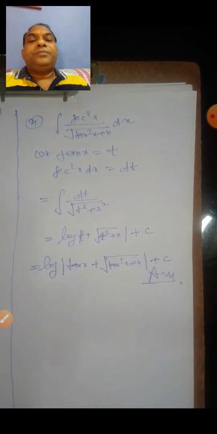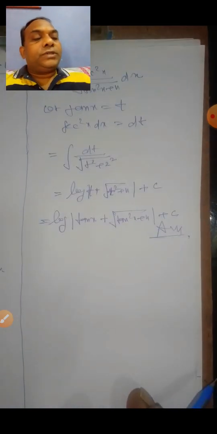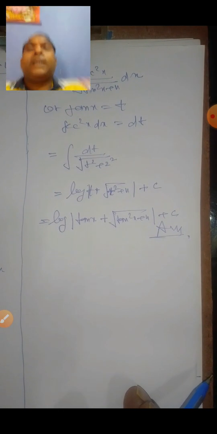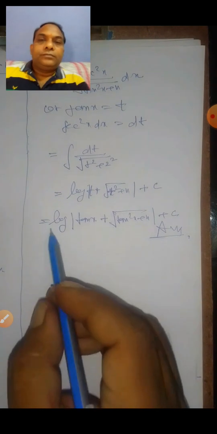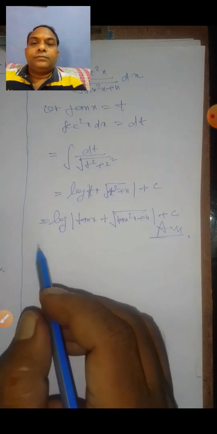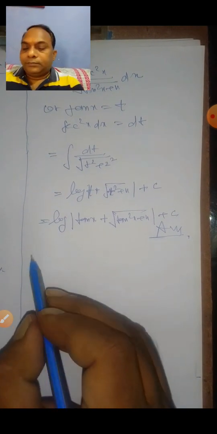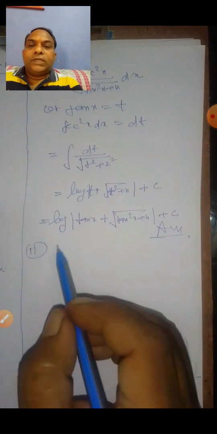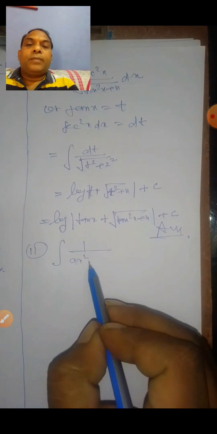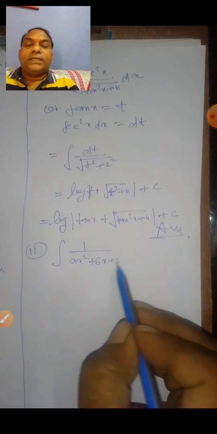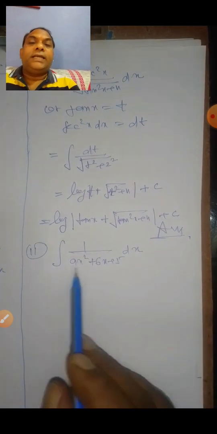Clear? Now next question, question number 11. In question number 11, integration 1 upon 9x square plus 6x plus 5 dx is equal to.